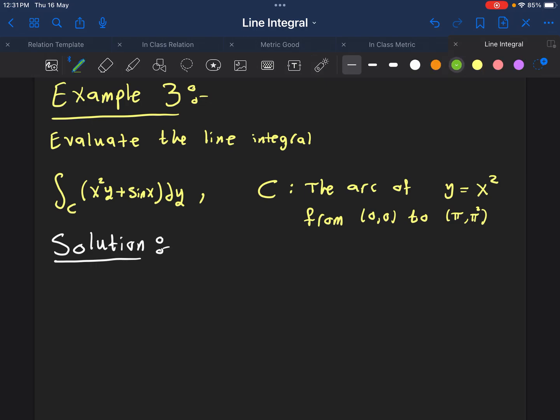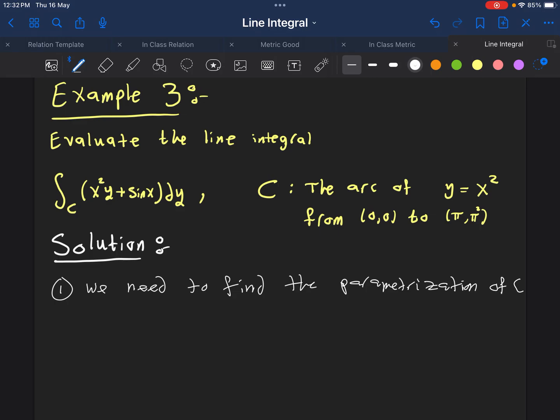So the first step that we need to do here is find the parameterization of c. Now, how do we proceed with this one? I have only the equation that describes c, which is y equals x squared, and this is just one equation with two variables.